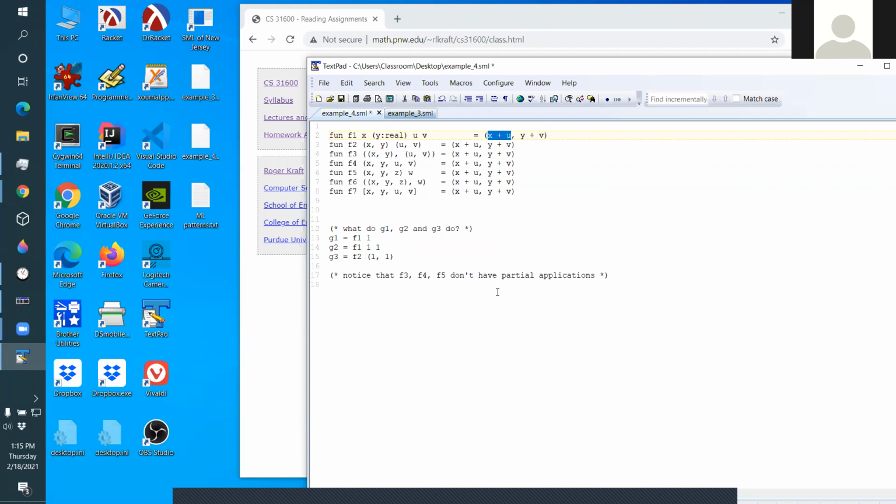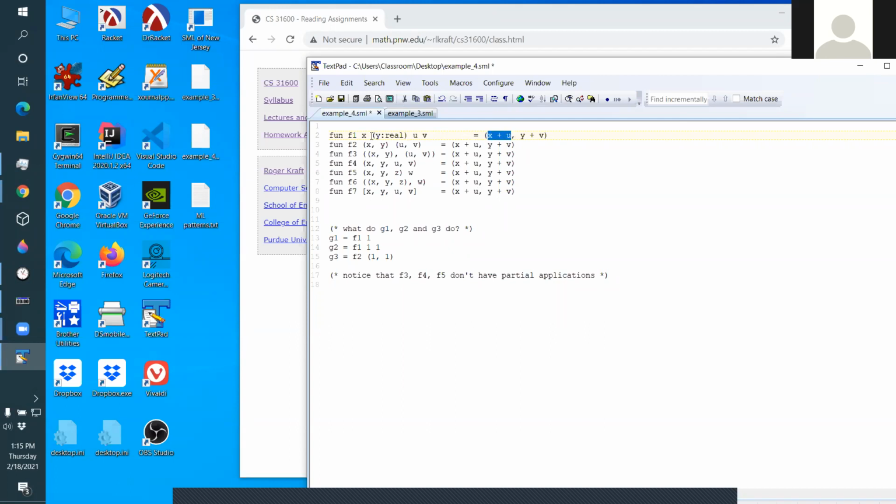It's an int, because plus takes 2 ints or 2 reals, and since it's not specified here or here, it defaults to what? Plus takes 2 ints or 2 reals. Since it's not specified, ML defaults to using ints instead of reals.